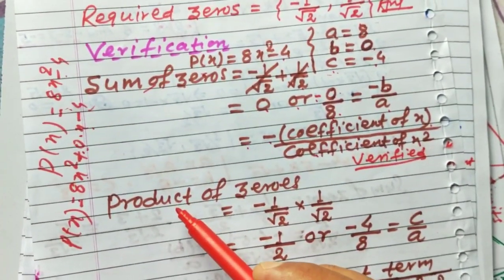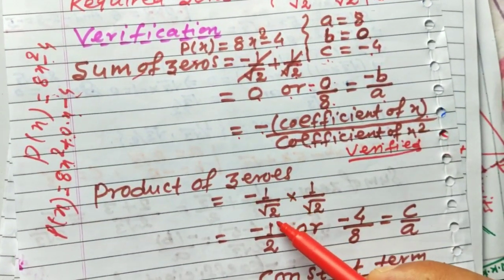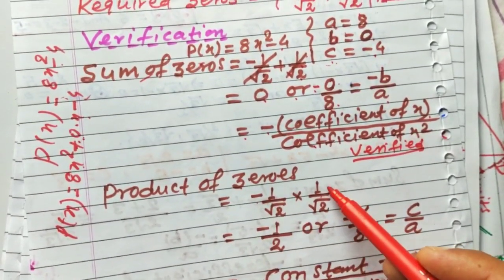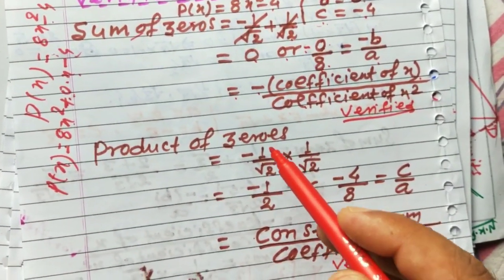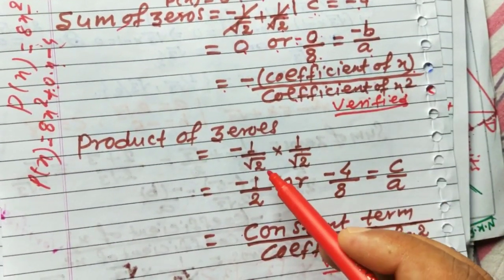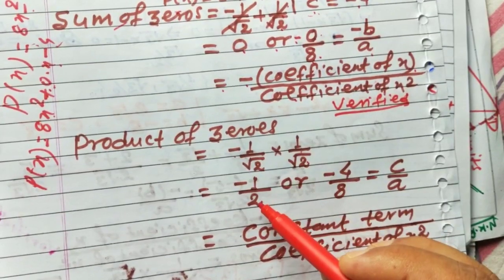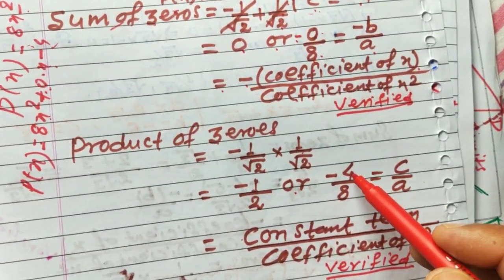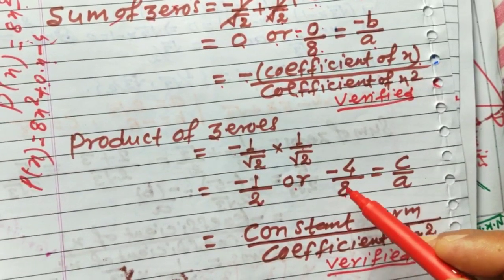It becomes equal to the relationship. Now product of zeros, minus 1 by root 2 into 1 by root 2. We have to multiply it. Then minus 1 multiplied by 1 will be equal to minus 1, and root 2 multiplied will be equal to 2. Or it can be also written as minus 4 by 8.